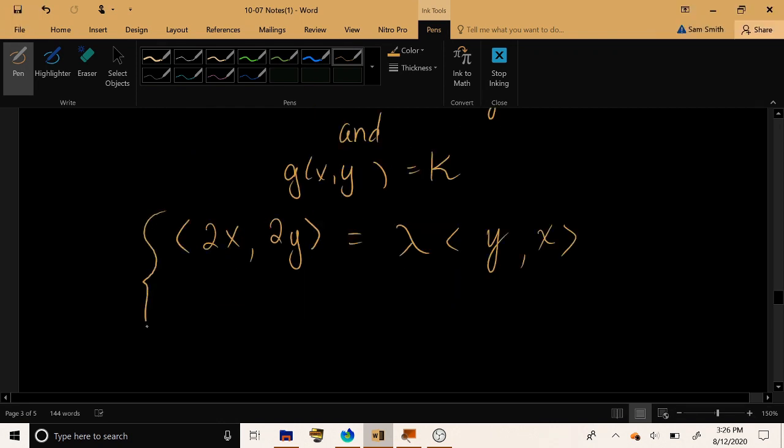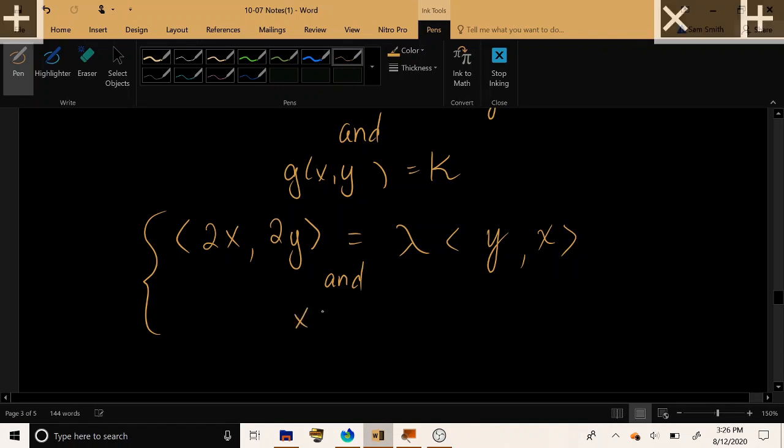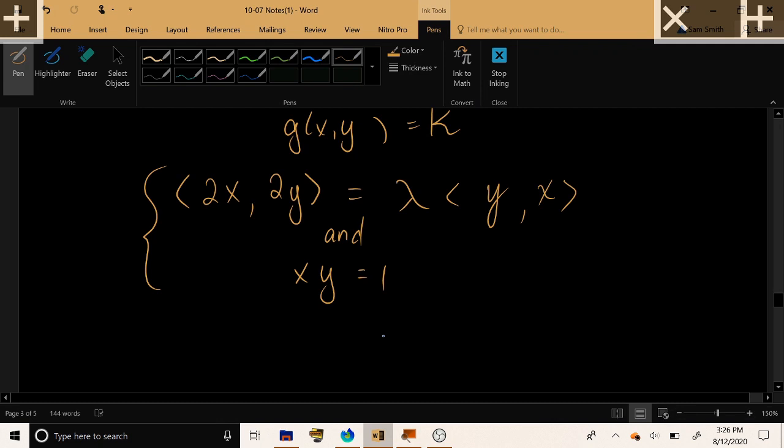So we need to now solve this, and we need to make sure that xy equals 1 is satisfied. Now, although this system looks like it only contains two equations, it really contains three.